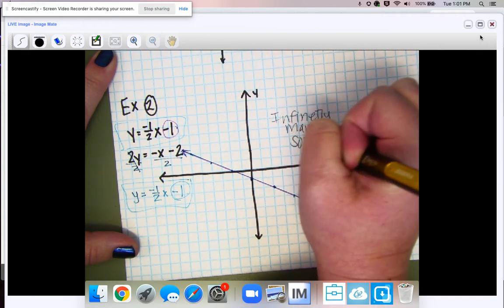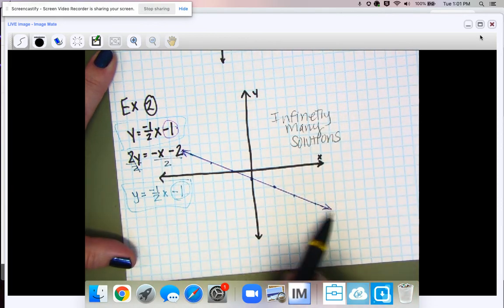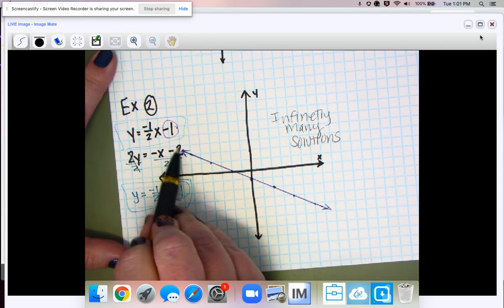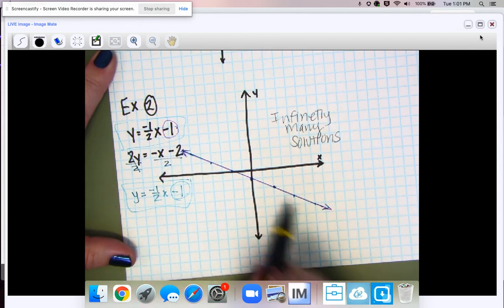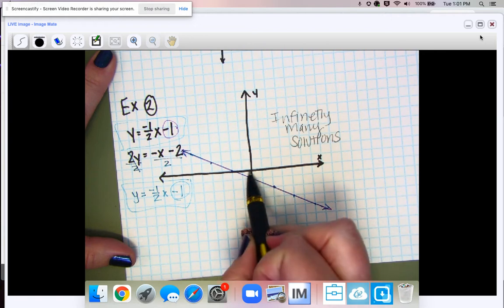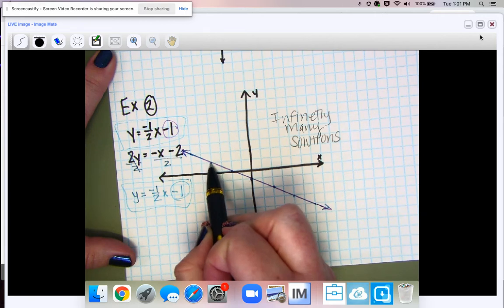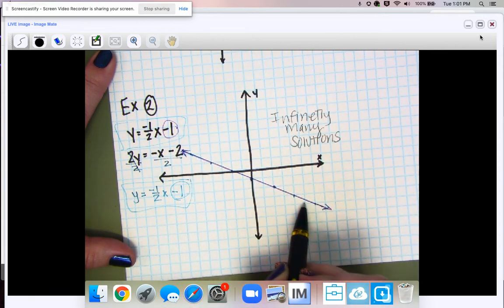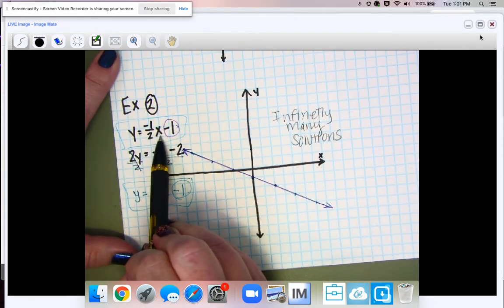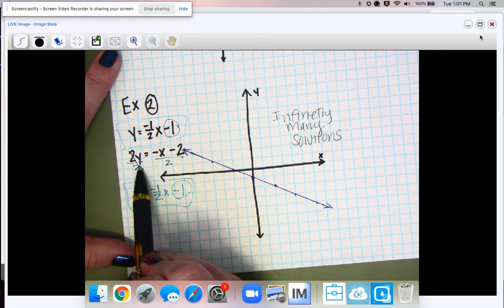I'm not sure that I spelled infinitely correctly, but this is not all real numbers. It is all the numbers along this line. And so this point, which is (2, -2), this point, which is (0, -1), this point, which is (-2, 0), every point in between there and beyond will work in both this equation on the top as well as this equation here on the bottom.